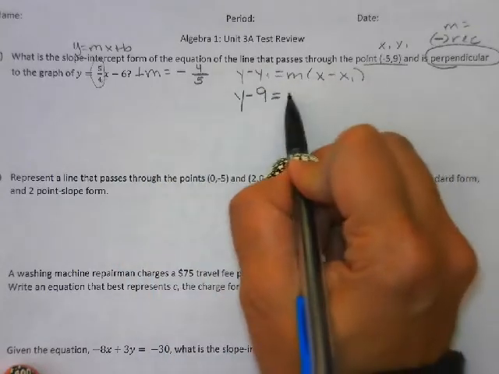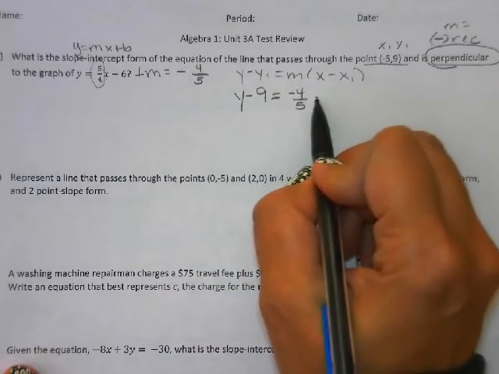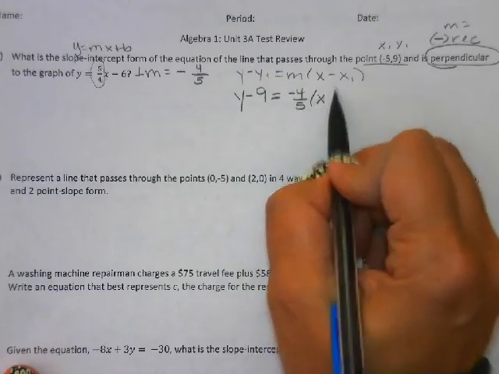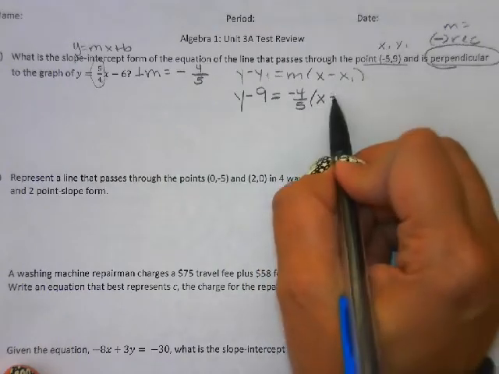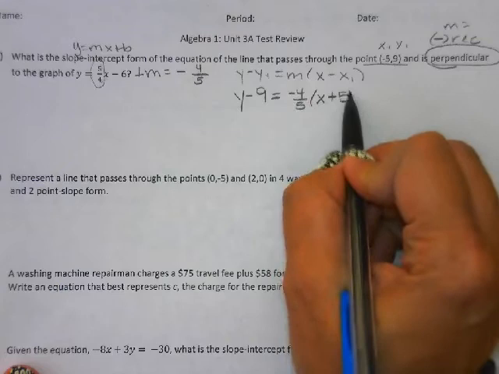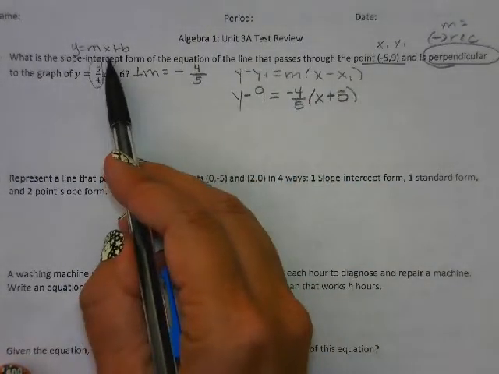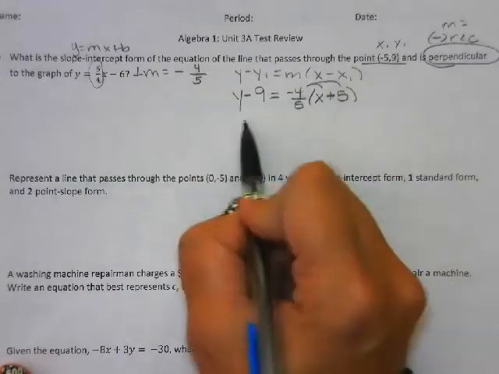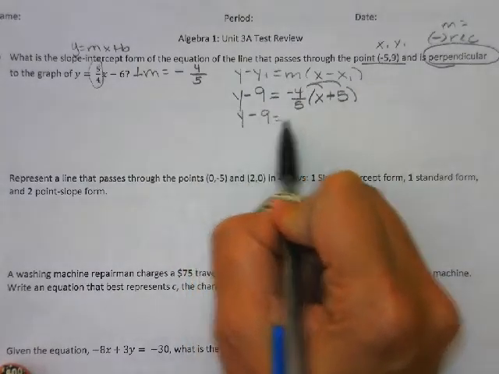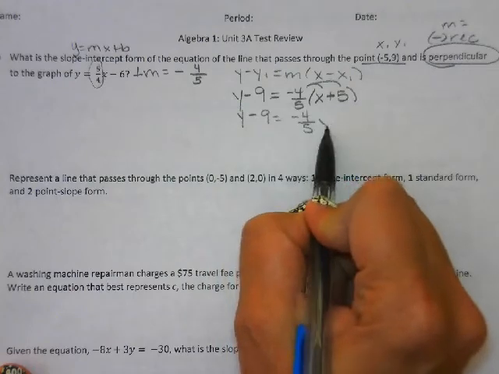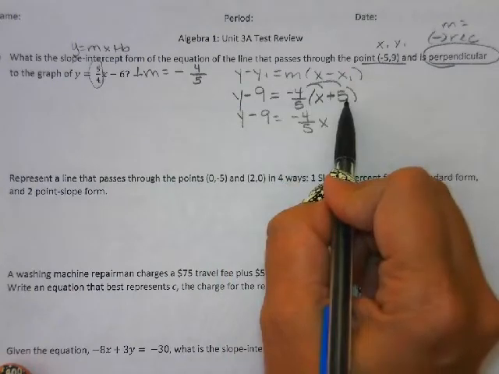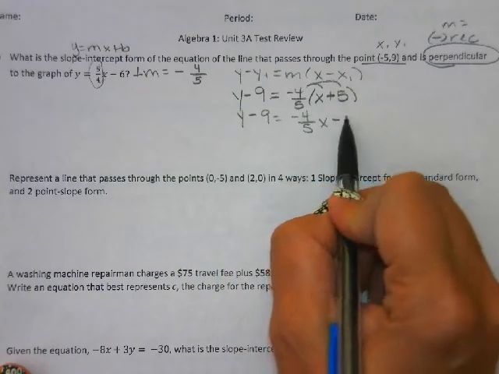Our new slope is -4/5, parentheses, x stays an x, minus x1 is a -5. So a minus -5 is a positive. So now we need to go ahead and distribute so we can get to y equals. So y minus 9 is equal to -4/5 x. -4/5 times 5 is a -4.